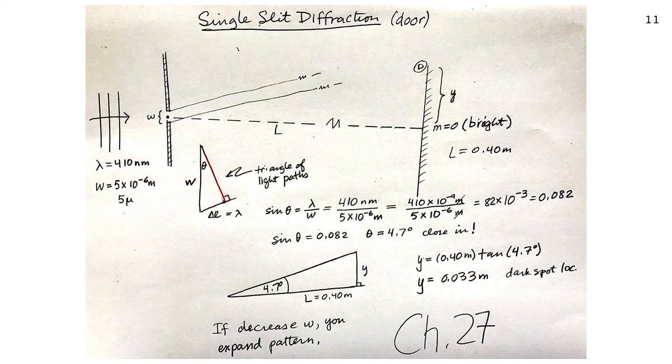So there's my path difference triangle. This is delta L, or delta lowercase l, I should say. And this is W.